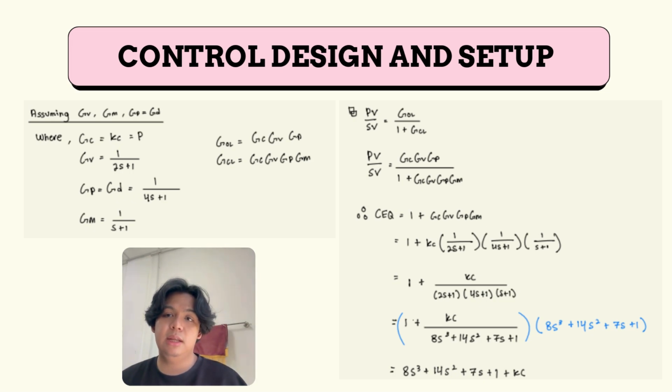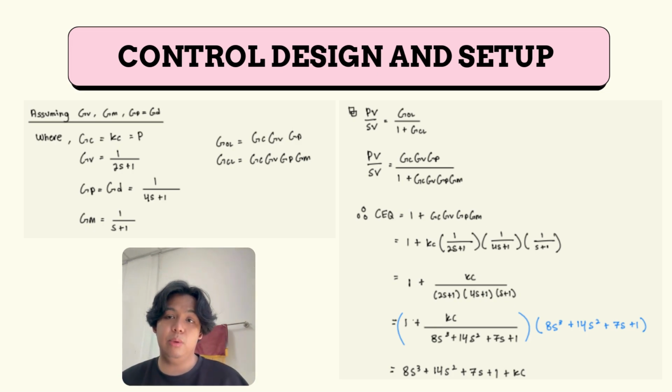I use the standard closed loop formula, which is PV over SP equals open loop over 1 plus open loop, where the open loop gain is the product of the controller, valve, process, and sensor. Substituting in all transfer functions, the denominator becomes 1 plus Kc times 1 over (2s+1) times (4s+1) times (s+1).